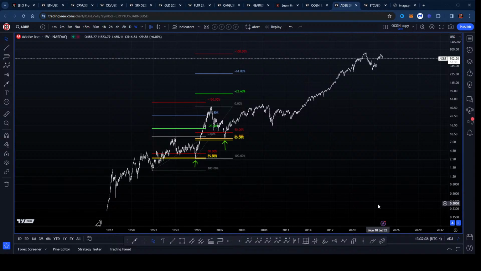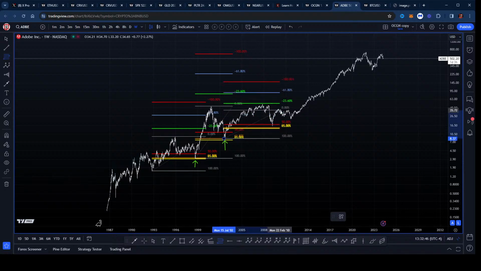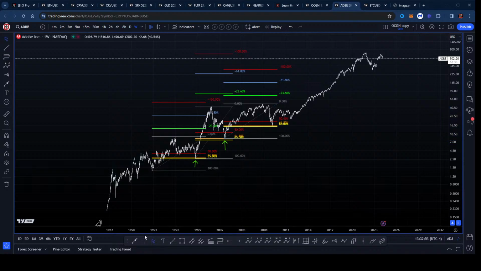Now, just take note now, I'm on the weekly Adobe in log scale. How many do you think I'm going to have here? Get right on it. 3. What do you think?